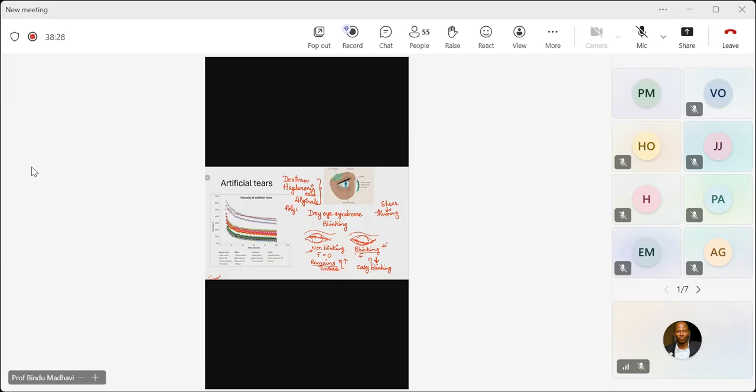But the moment they have understood how the rheological behavior is changing, like the moment you apply shear, what is the decrease in viscosity, they found that when we apply shear onto hyaluronic acid, there is almost 1,000 times decrease in the viscosity. The moment we apply shear onto the polyvinyl alcohol, there is 2 times decrease in the viscosity.